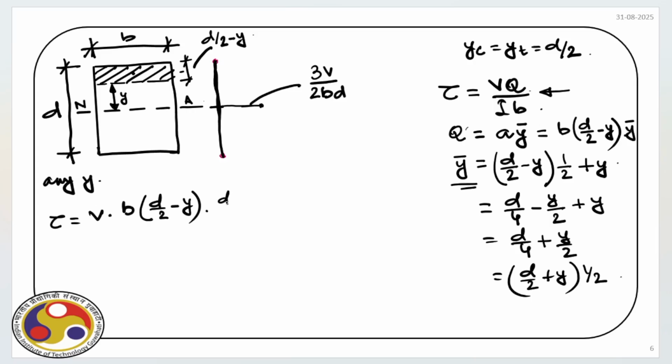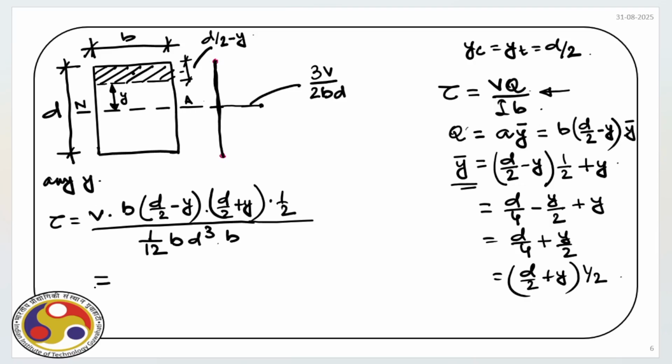So what we have, d by 2 plus y times half. So this entire thing is Q, divided by 1 by 12 B d cube, and the width of the cross section is B. Now we have to simplify this expression.